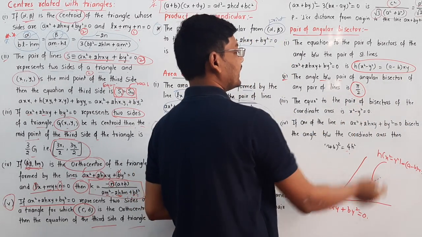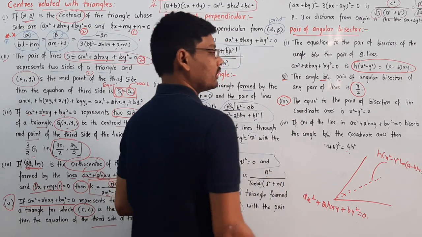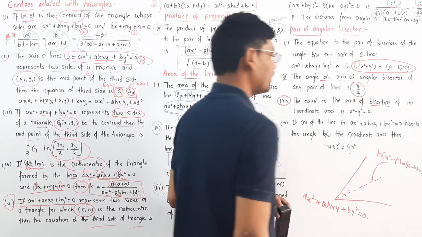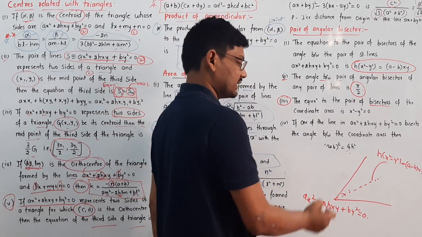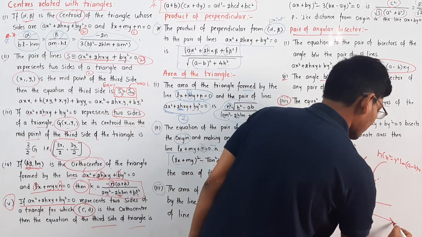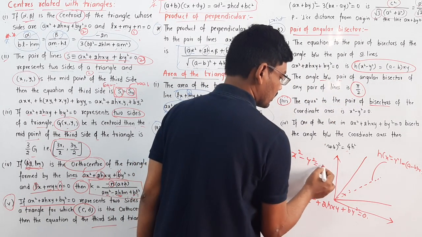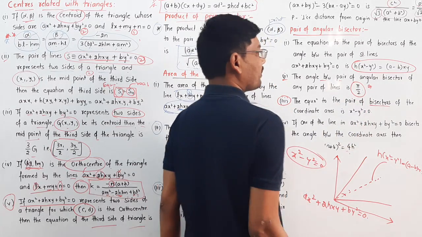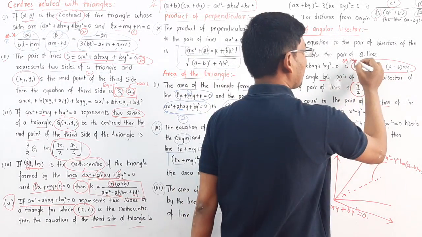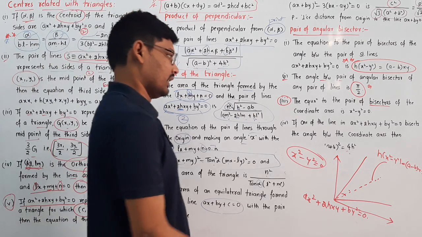The third point is the equation of the pair of bisectors of the coordinate axis, that is x square minus y square is equal to 0. This is the most important formula, also for theory, and it is the most important formula to find the equation of the angular bisector of a pair of straight lines.